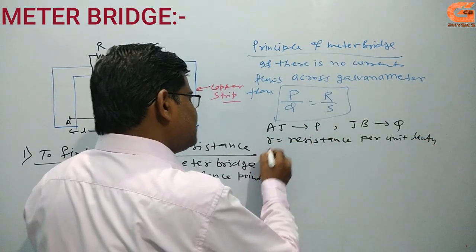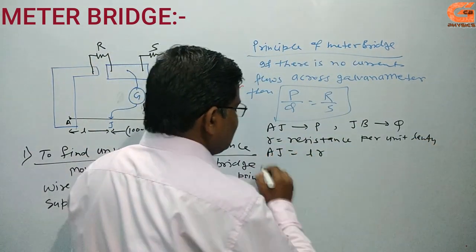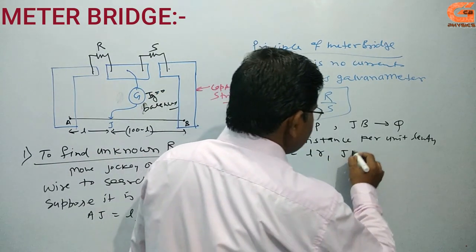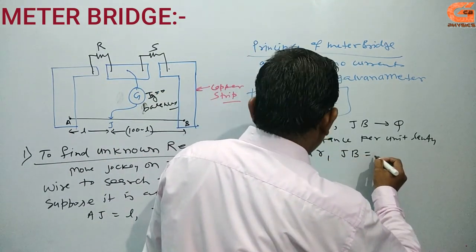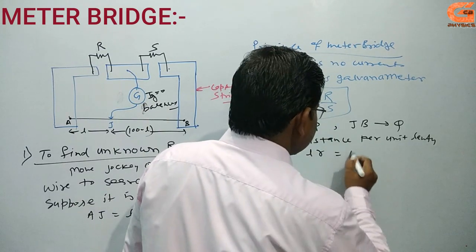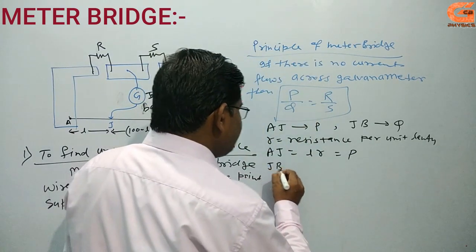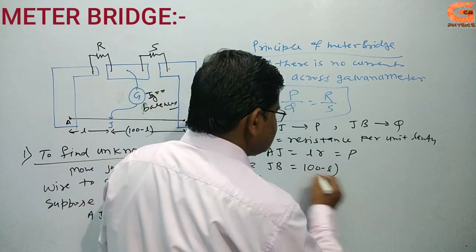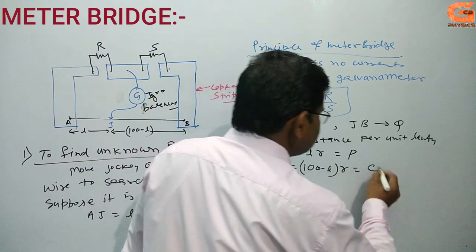Then P, the resistance of AJ, equals L into R, and Q, the resistance of JB, equals 100 minus L into R.